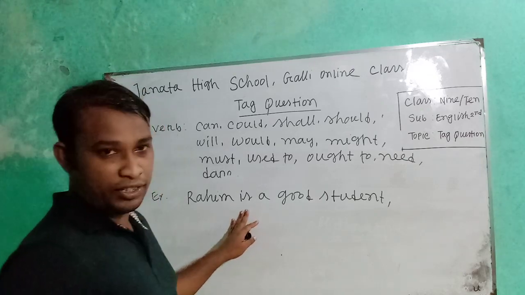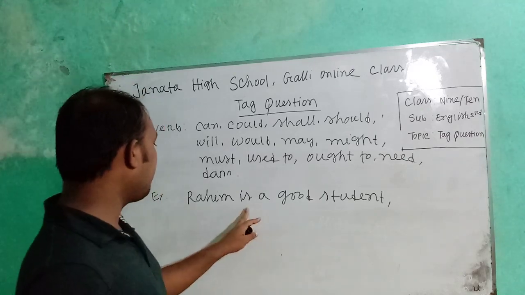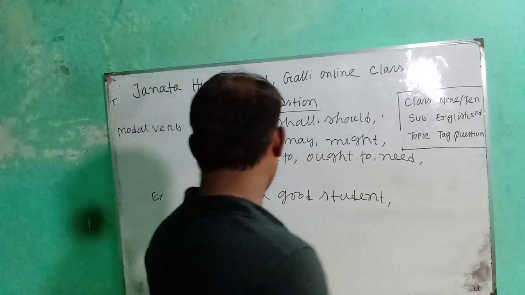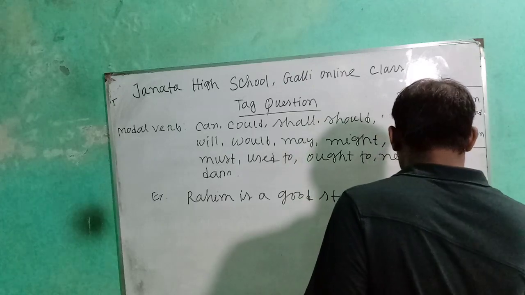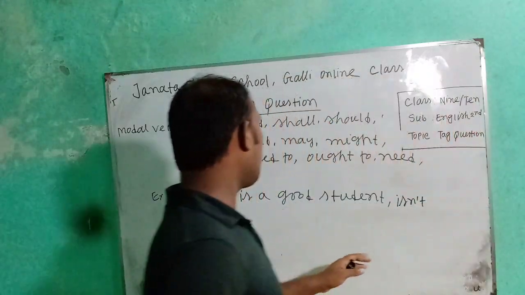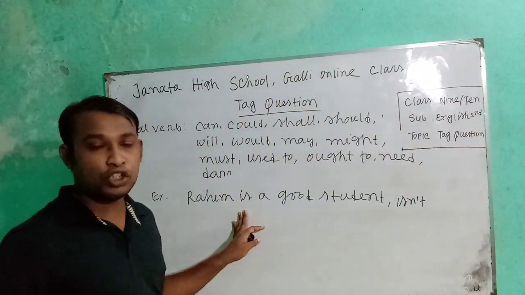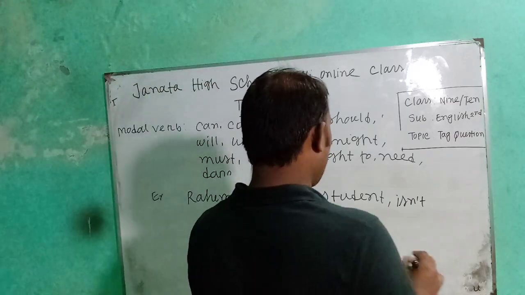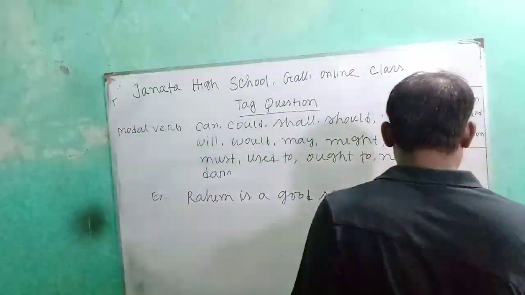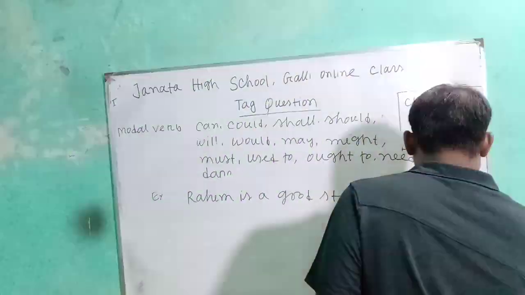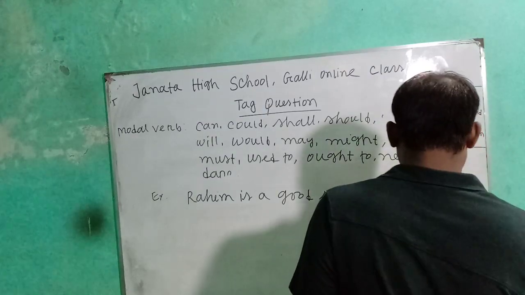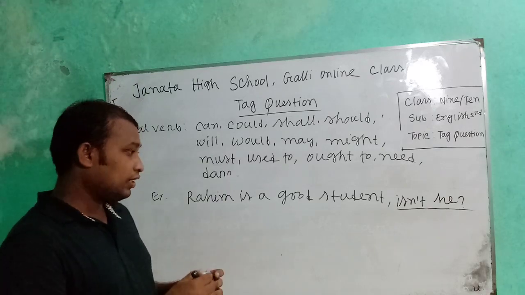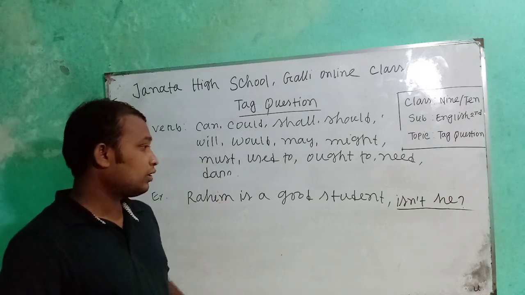At first we have to follow the auxiliary verb is, and then we use the contracted form of the auxiliary verb, isn't, and then the subject personal pronoun for Rohim, he. Isn't he. Okay?